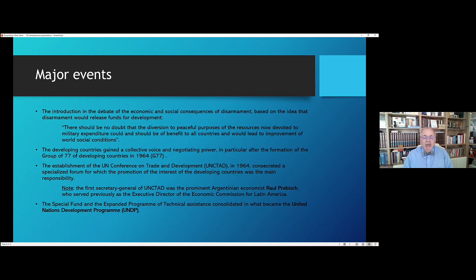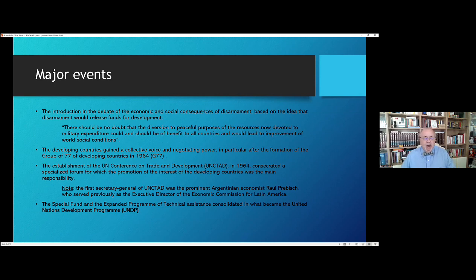Also, equally important was the creation of the United Nations Conference on Trade and Development, UNCTAD. UNCTAD was the first entity in the system that really was specialized in the promotion of the interests of developing countries. The first Secretary General was an economist coming from the south, from Argentina, Raul Prebisch, very, very famous.